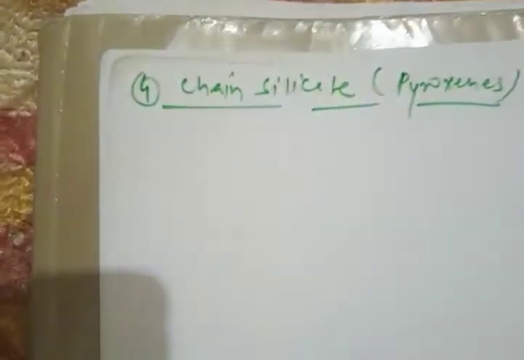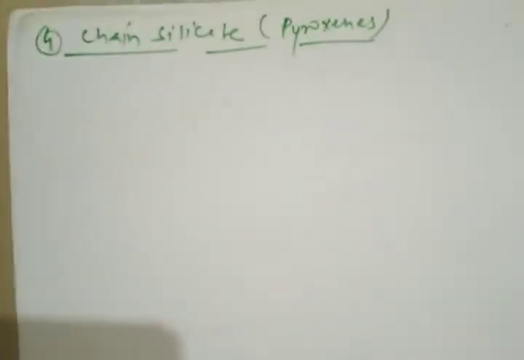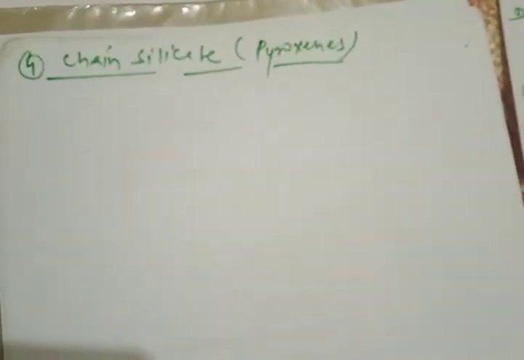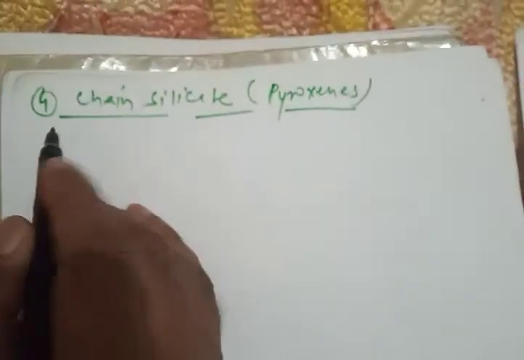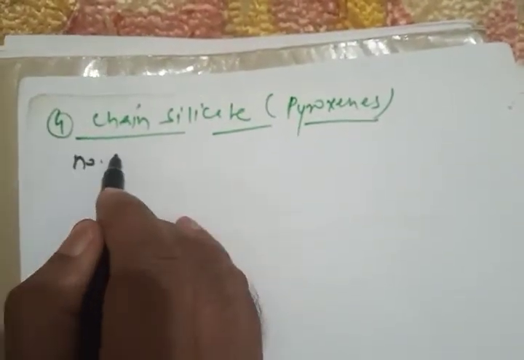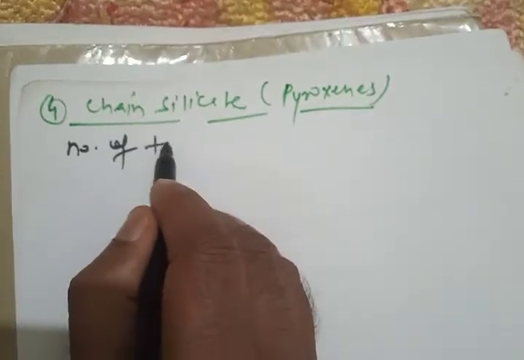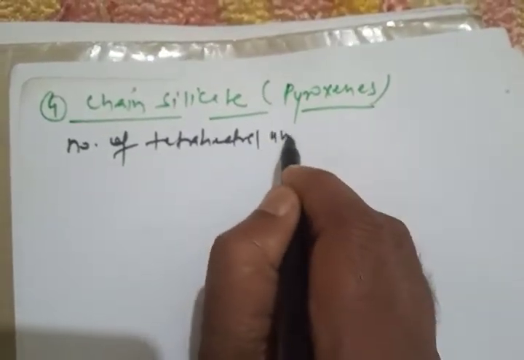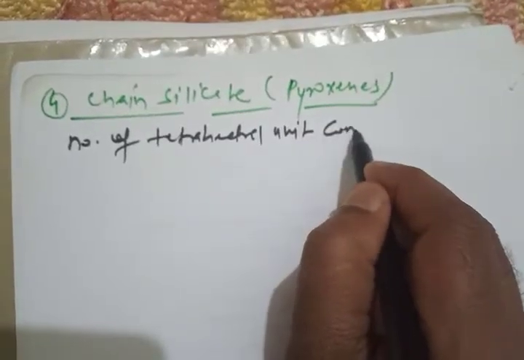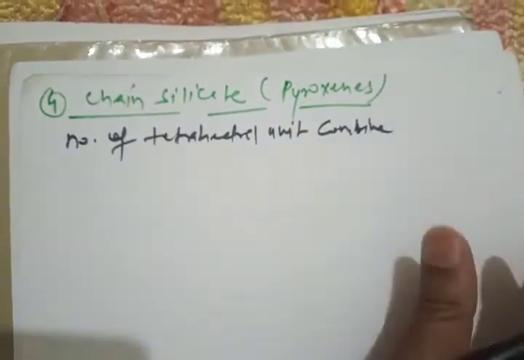So as the name says, the pyroxene or the chain silicate, that means we have n number of tetrahedral units combined linearly.